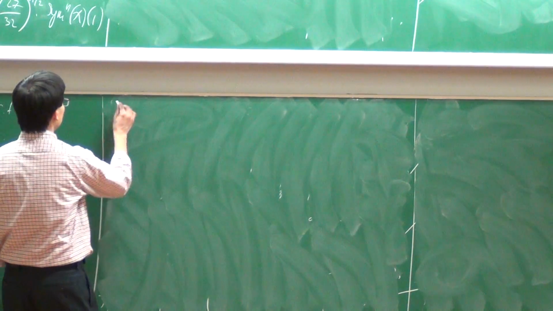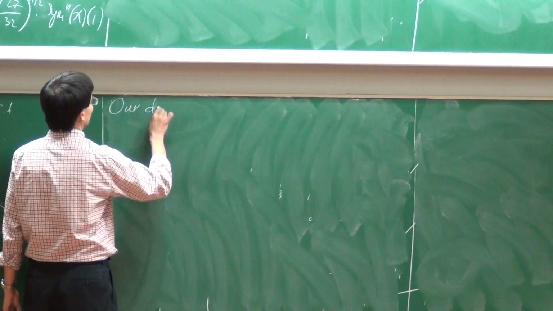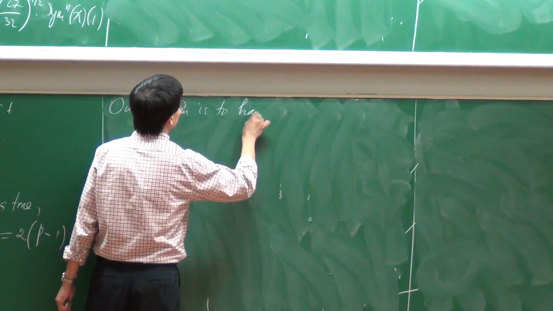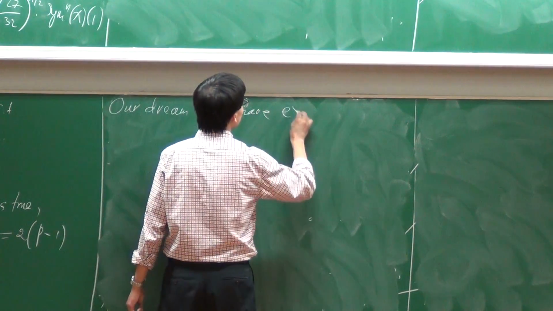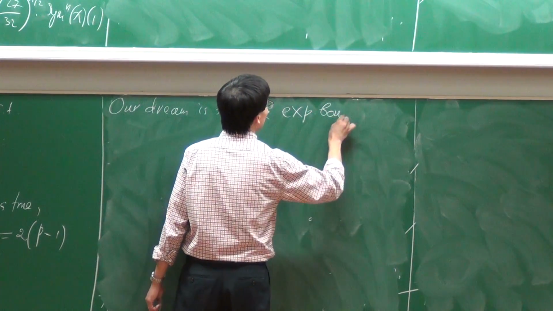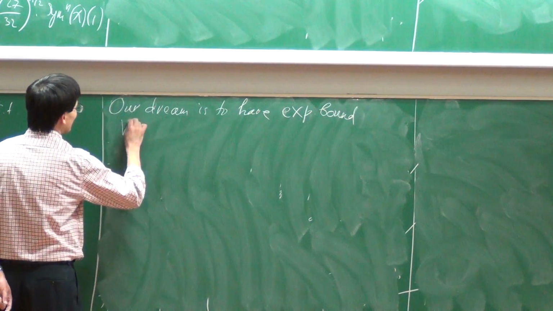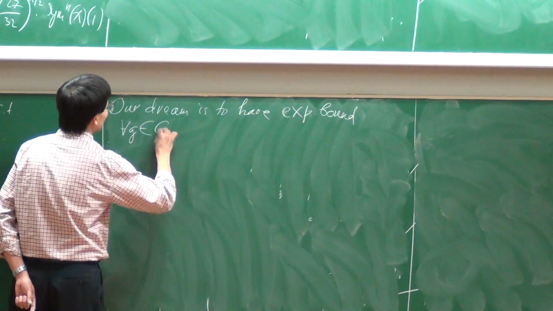So our dream is to have the following bound, an exponential bound like this, only for G in our group.